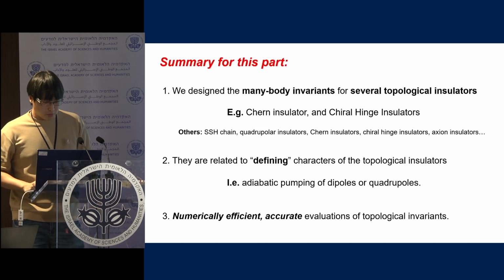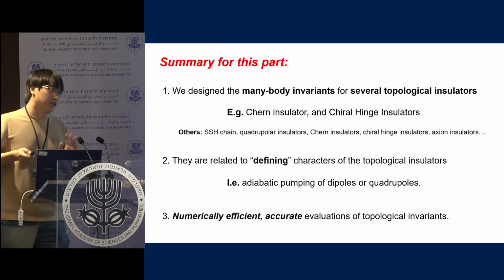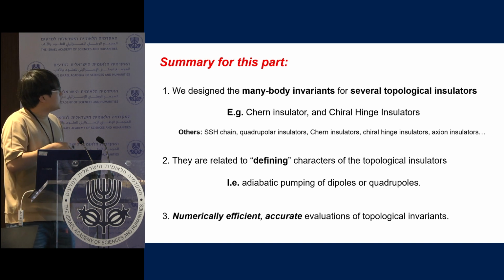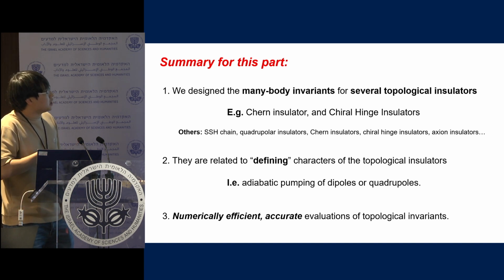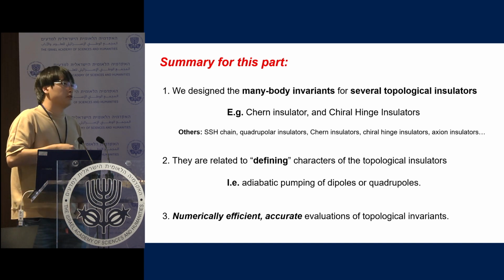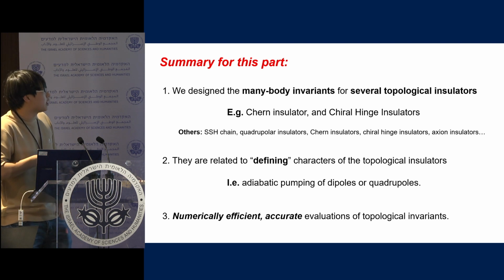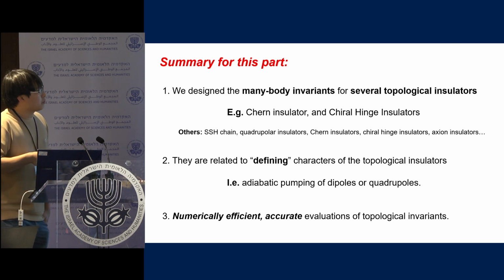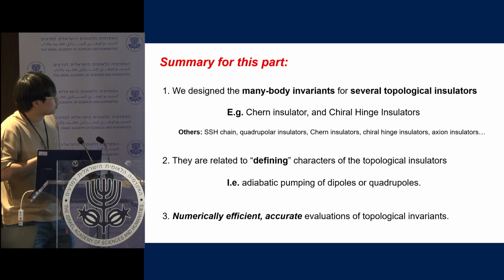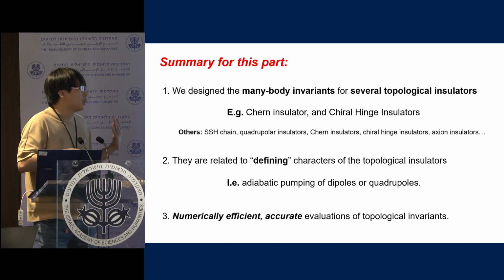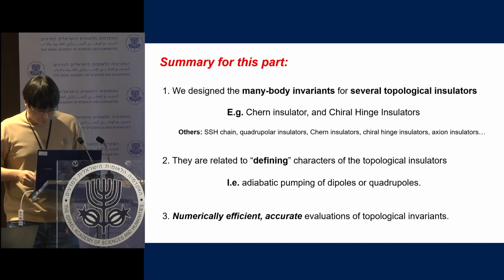So with that, I would like to summarize the theory part. We designed many different many-body invariants for several topological insulators, including the Chern insulator and chiral hinge insulators. But in our papers, we show that it can be applied to Su-Schrieffer-Heeger, quadrupolar insulators, axionic insulators, and so on.